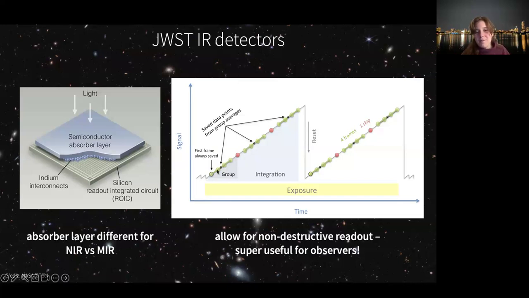You would see this ramp going up and up and up, and then you would see a jump. That pollutes your signal, but because you have access to this whole ramp of readouts before you discharge your capacitors, you can actually reject these cosmic rays and still preserve the signal that you're observing. So it's really, really useful to have this non-destructive readout.